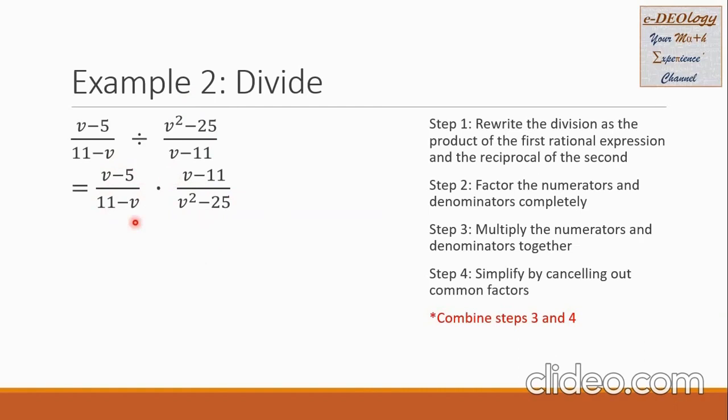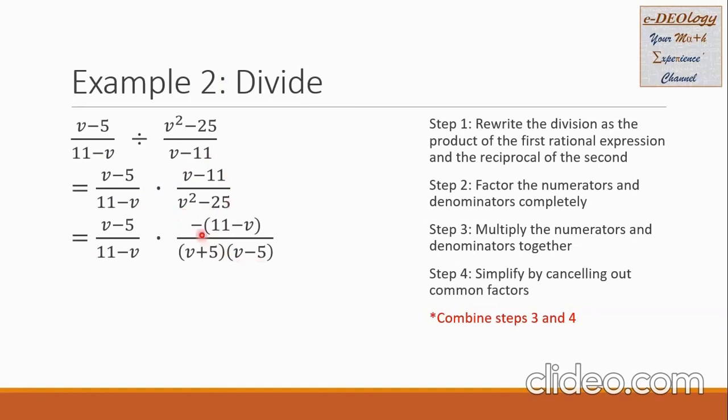Our first rational expression, the numerator and denominator are already simplified, so we will just copy it down here. While the second rational expression, let's begin with our denominator. The v squared minus 25 is now factored into v plus 5 times v minus 5.